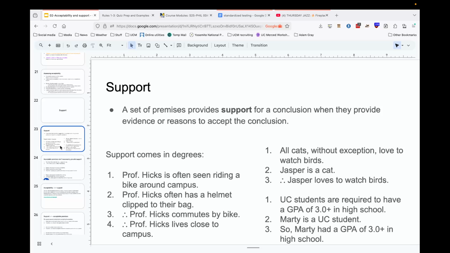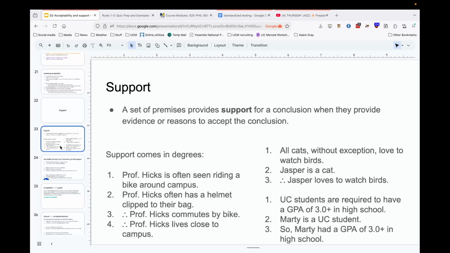And we said, for the argument about the evidence that I commute by bike and live close to campus, there's some support there. We can imagine counterexamples, which I did. Suppose I'm not commuting by bike, I'm taking exercise breaks in the middle of the day, and that's why people see me on my bike and so on.